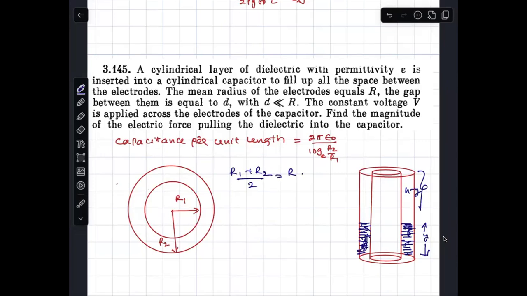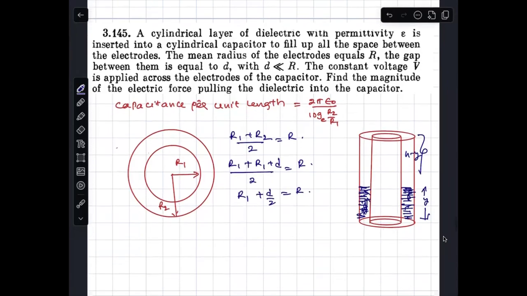The issue is R1 plus R2 can be written as R1 plus D by 2 is equal to R. I think you followed my question. So therefore R2 is simply 2R minus R1, which is R minus D by 2.